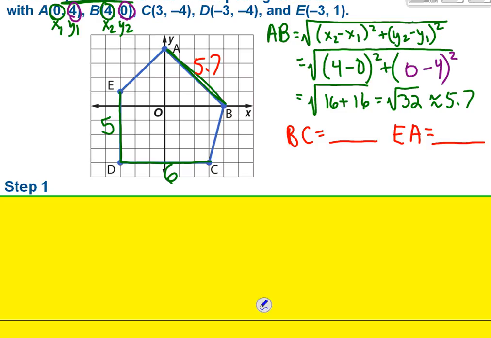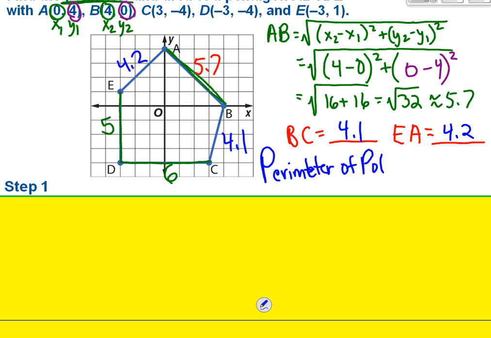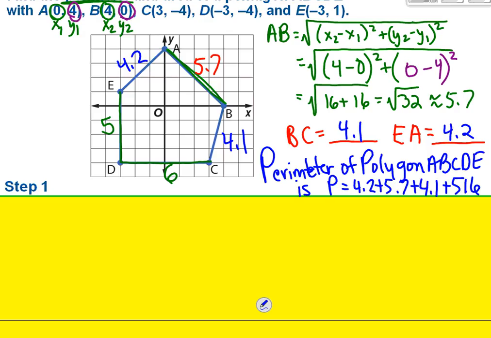And so BC should have turned out to be 4.1. And EA should have turned out to be 4.2. That means that the perimeter of polygon A, B, C, D, E is P equals 4.2 plus 5.7 plus 4.1 plus 5 plus 6.